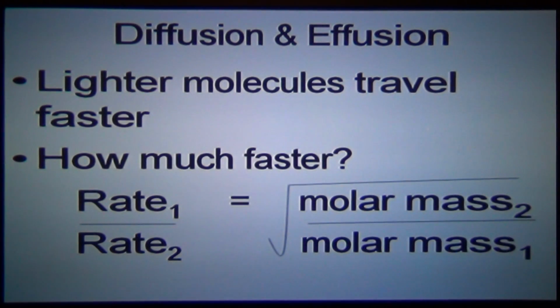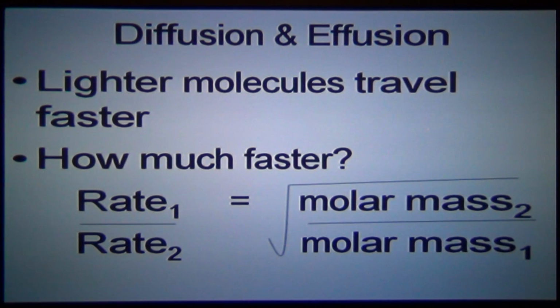If you're comparing two gases, you can look on the left-hand side of the equality and see that it's a fraction. That is, the rate of one gas compared to the rate of the second one is equal to the ratio of the molar mass of the second gas over the molar mass of the first, and you have to take the square root of the right-hand side.